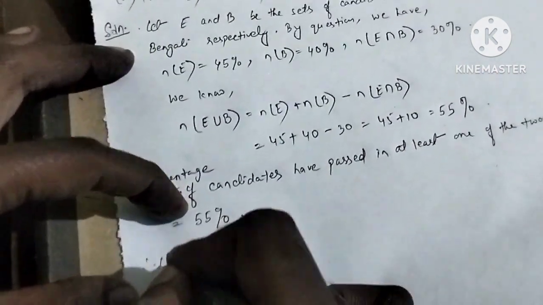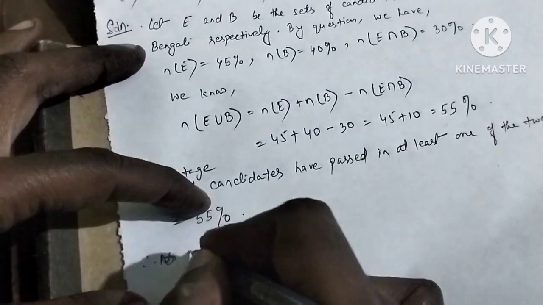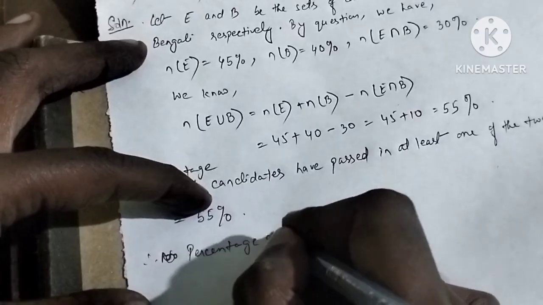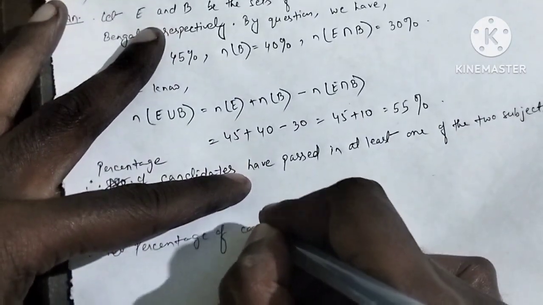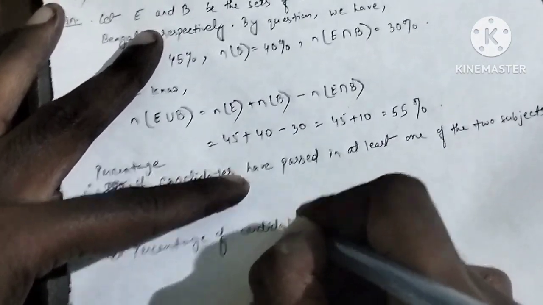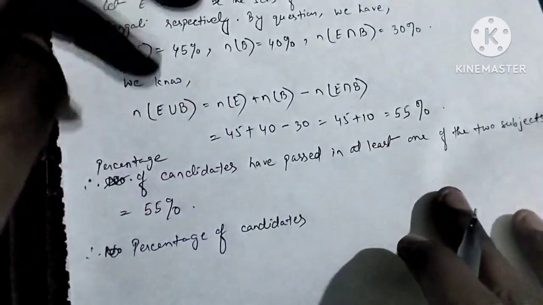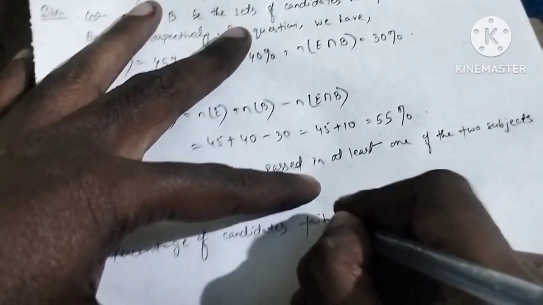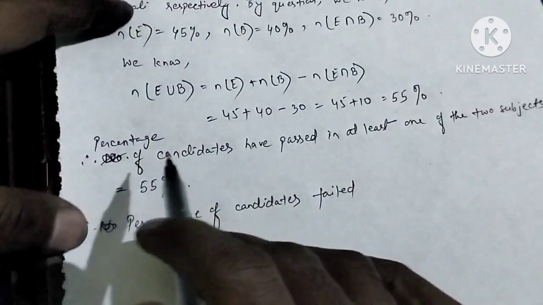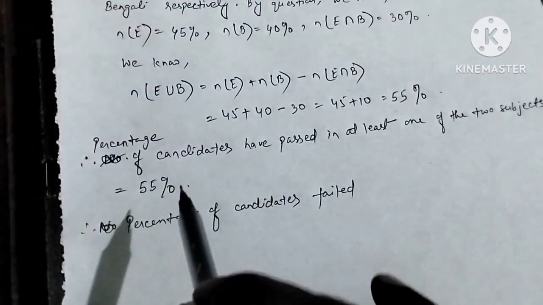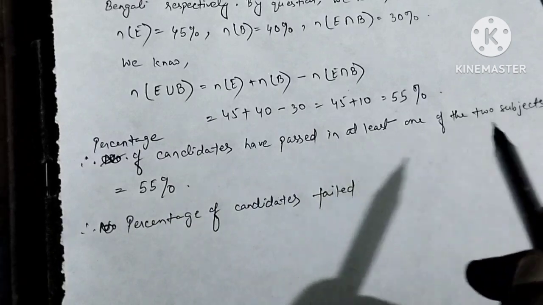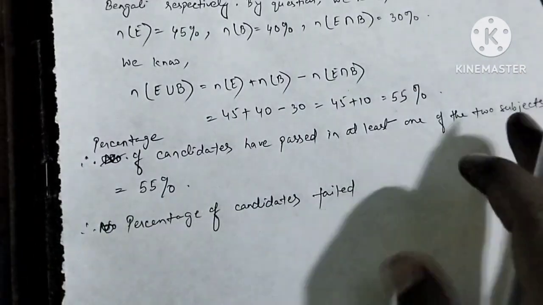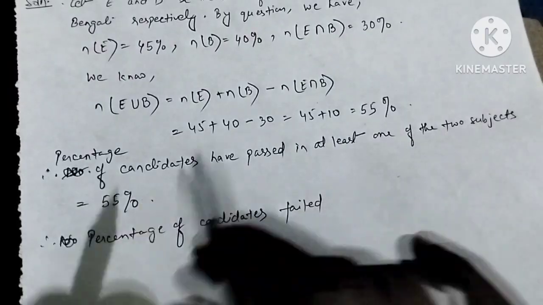So therefore the percentage of candidates failed. This is the percentage of candidates who have passed in at least one of the two subjects, at least passed in any one of the two subjects.